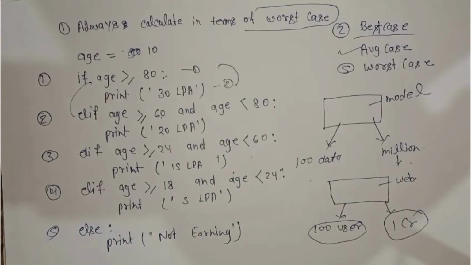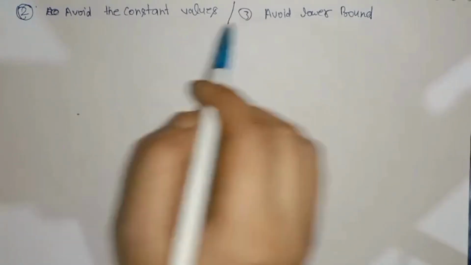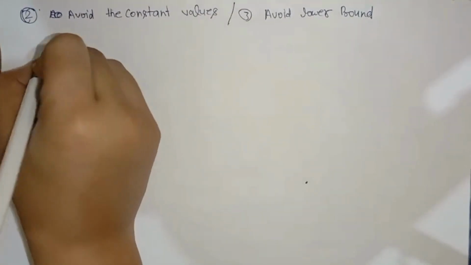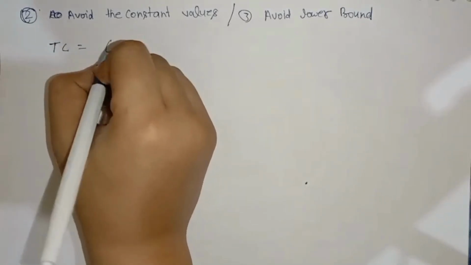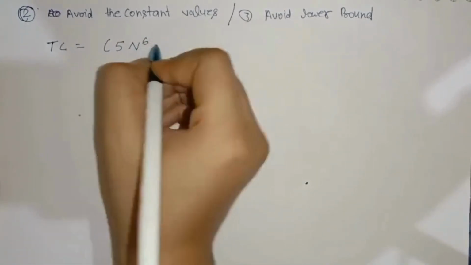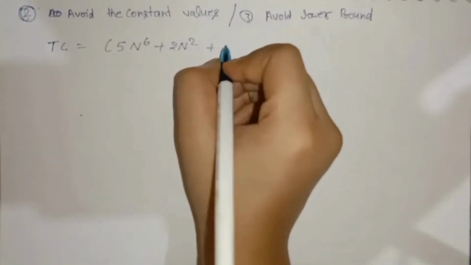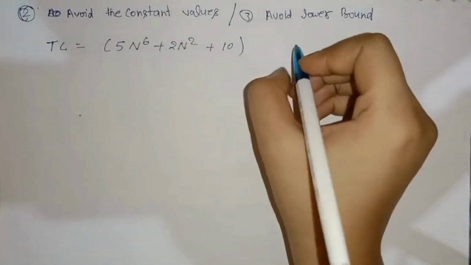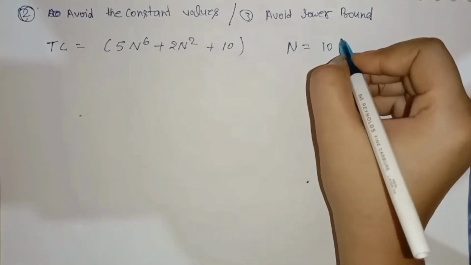Another thing is, our next rule is to avoid the constant value and avoid the lower bound. For that, let's assume we have a code and the time complexity for that code is 5n to the power 6 plus 2n to the power 2 plus 10. Let's assume n is equal to 10 to the power 10.